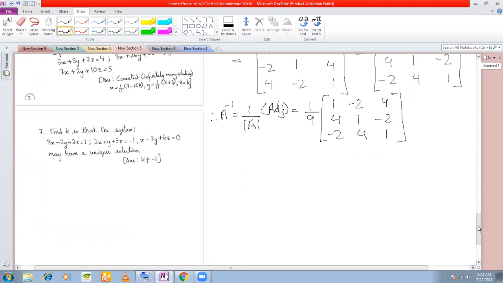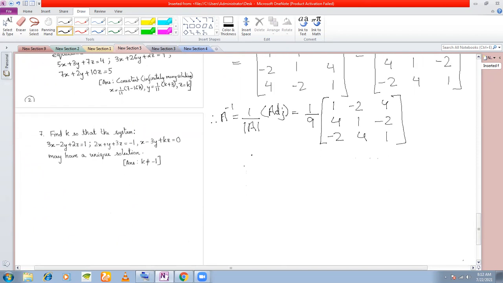And what was the solution to the matrix equation? X is equal to A inverse B, right? Put the values.